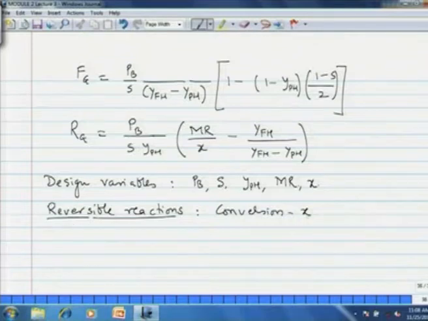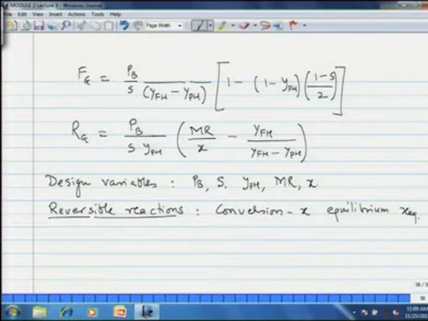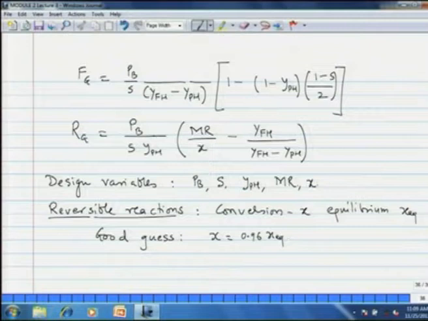Now for reversible reaction, conversion X and equilibrium conversion XEQ are the main variables. Now how should we decide how much the conversion should be? There are no thumb rules available. Okay. However, a good guess would be that X equal to 0.96 or maybe 0.98 XEQ, that we are approaching equilibrium conversion to maximum extent.